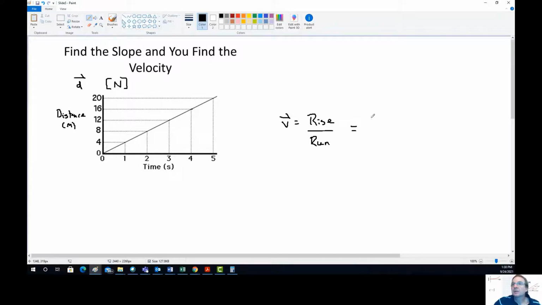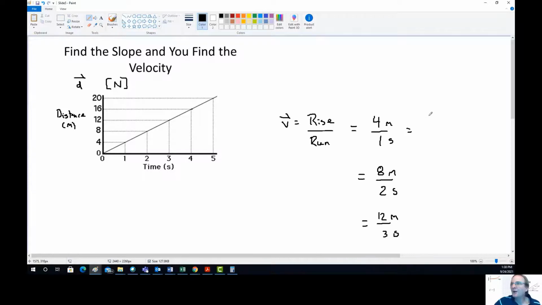So basically, we've got a rise of 4 over 1, but we could try a rise of 8 over 2. I could try this one here, 12 over 3. They should all be the same, right? Because it's just nice constant velocity. And of course, this is meters, seconds, 12 meters, 3 seconds.